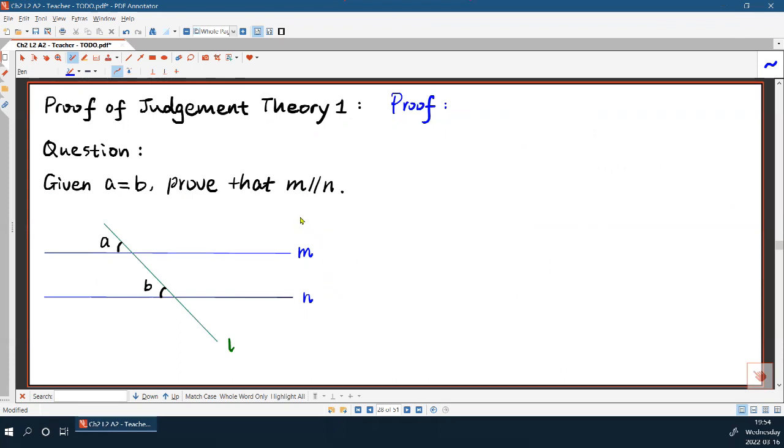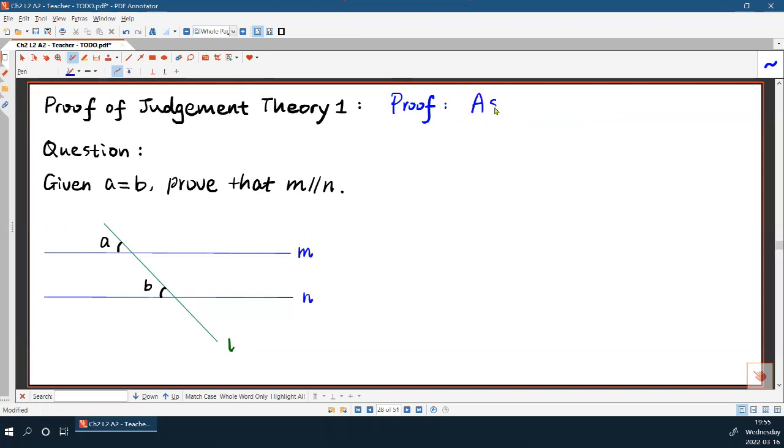The property theorem states that only when M is parallel to N do we have some statements, right? So this time we do not know if M is parallel to N, so basically we can't use any of the property theorems. Then let's go back to Euclid's fifth axiom.